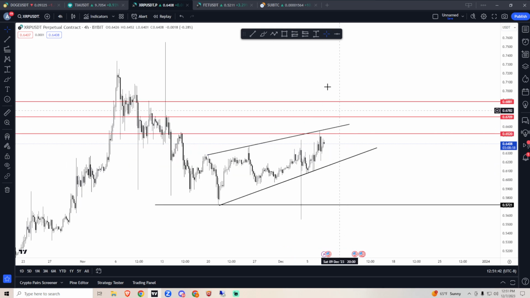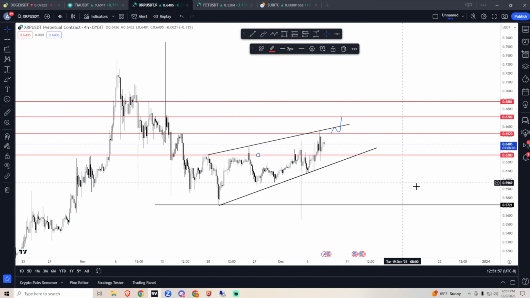I would not long until this resistance here is flipped to support. But again, you must watch out for the top trend line here. We've had 3 touches. If you're looking to long, probably back at support, 62.80, right? Because that's support.